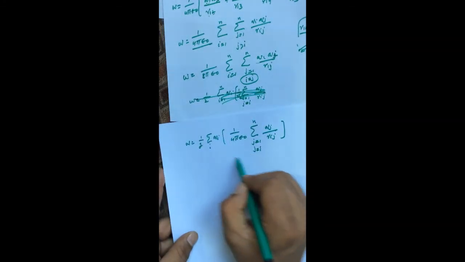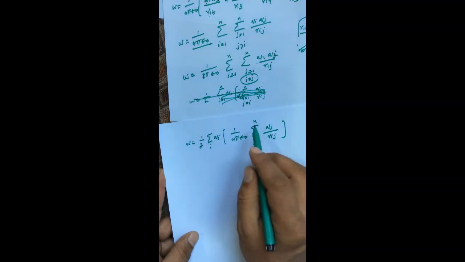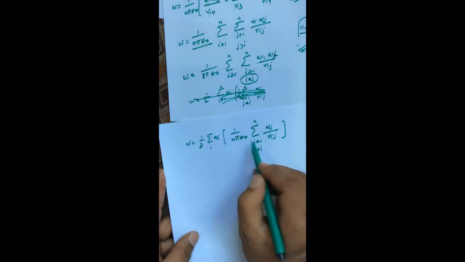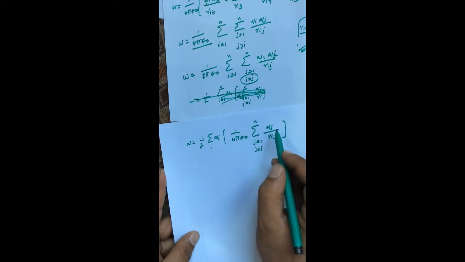Now the term in this bracket basically tells us the potential at point Ri due to all other charges.